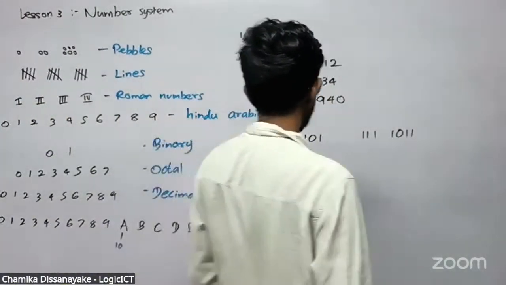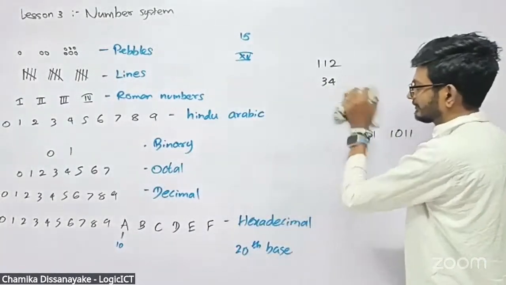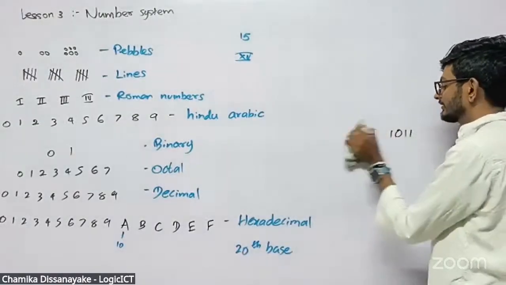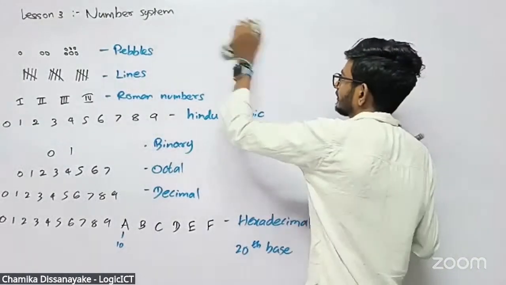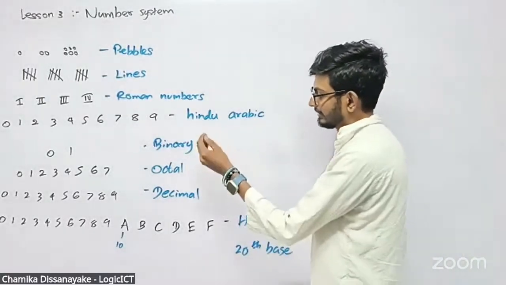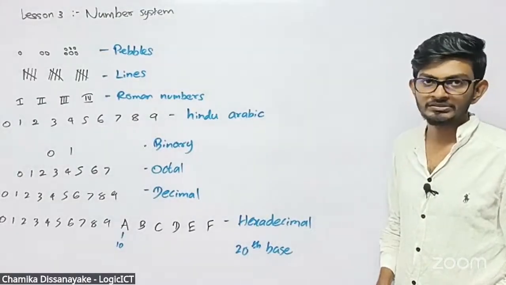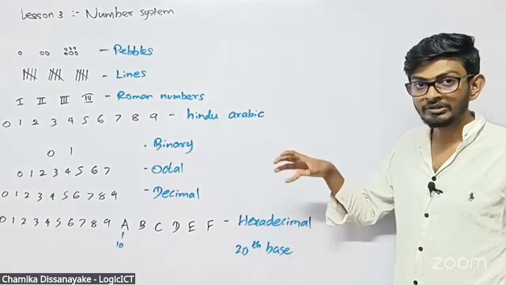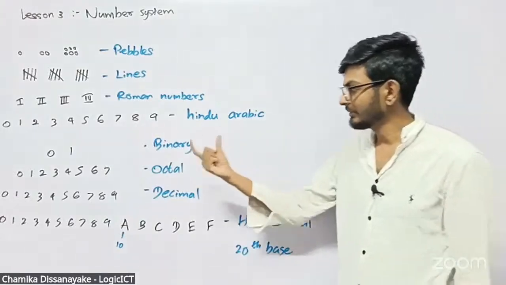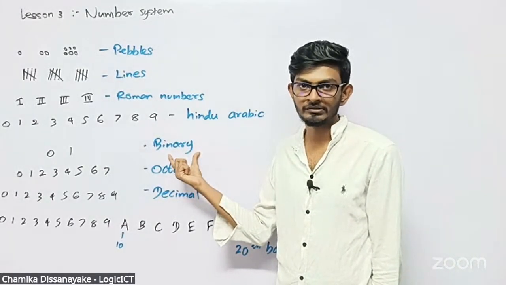I told you there are 4 number systems that a computer uses. Our computer is using only these 4 number systems. But our computer can understand only the binary number system, guys, only the binary number system.